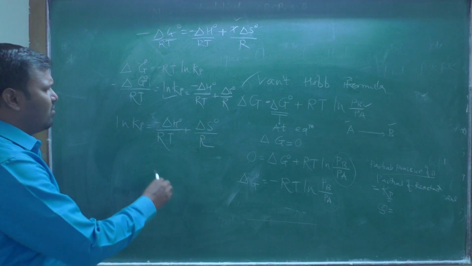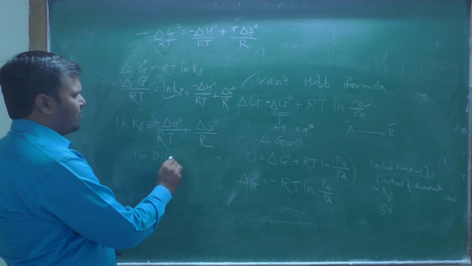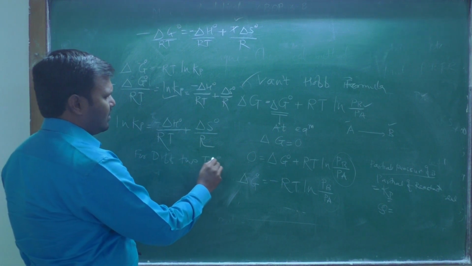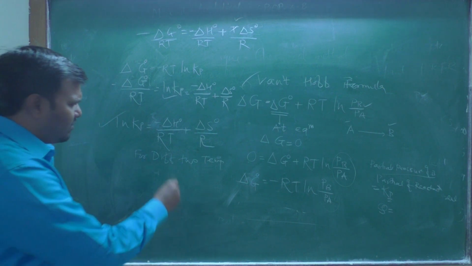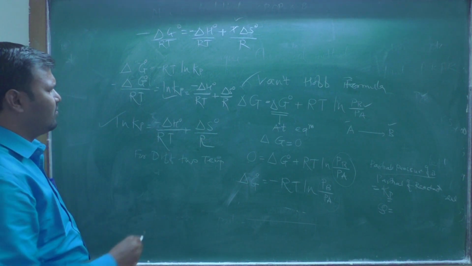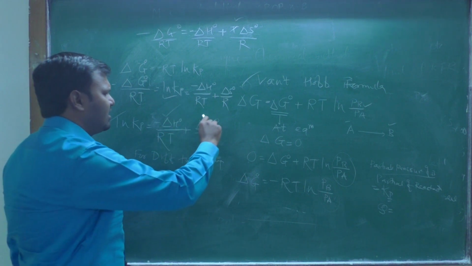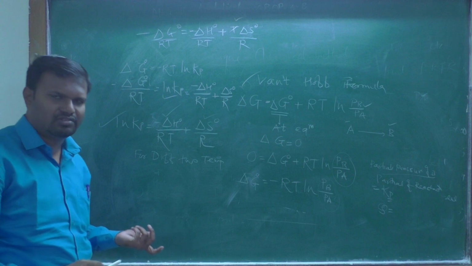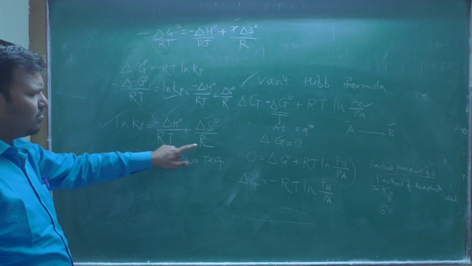Therefore, for two different temperatures we will obtain this equation. For the two different temperatures T1 and T2, we assume that there is no change in delta H and delta S. R is a constant.